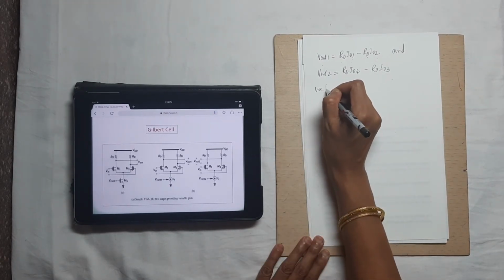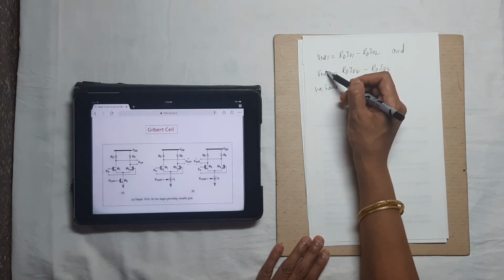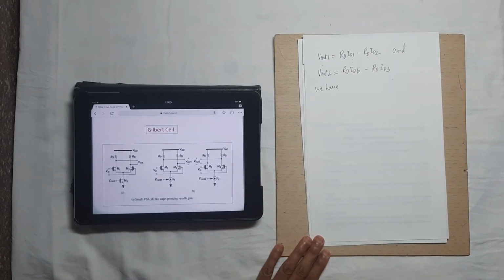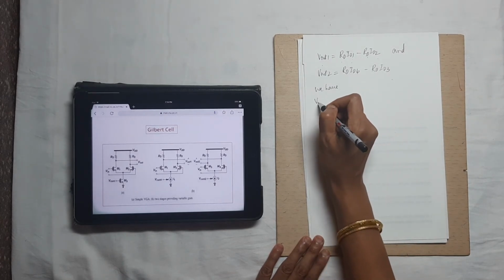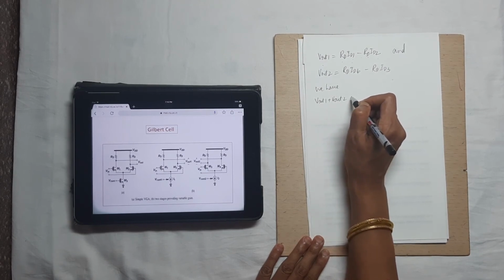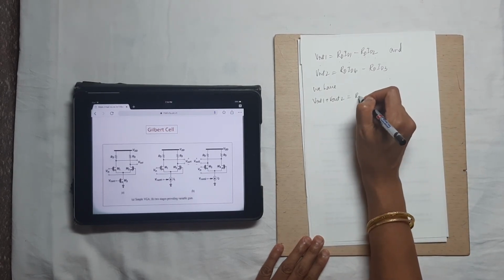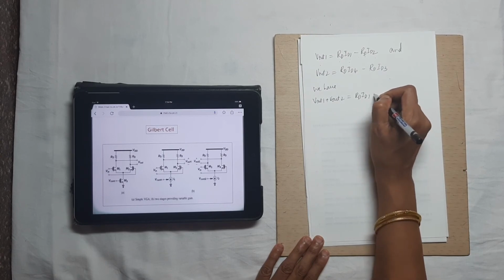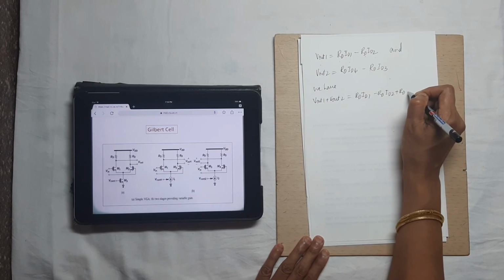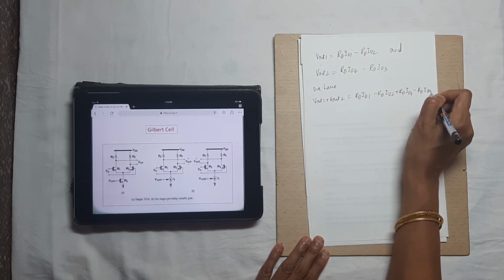Then we have to combine these two voltages, because we want only one output, not two output voltages. Therefore we are adding Vout1 and Vout2. Vout1 plus Vout2 can be written as RD ID1 minus RD ID2 plus RD ID4 minus RD into ID3.